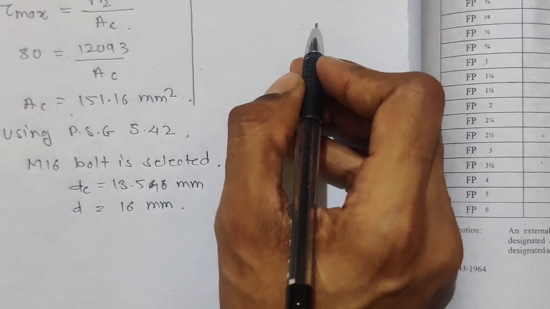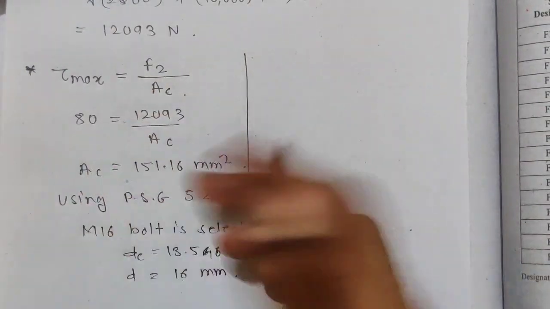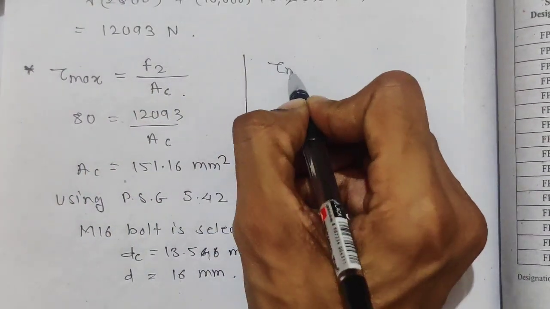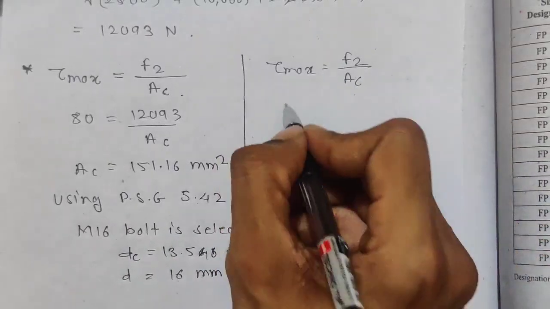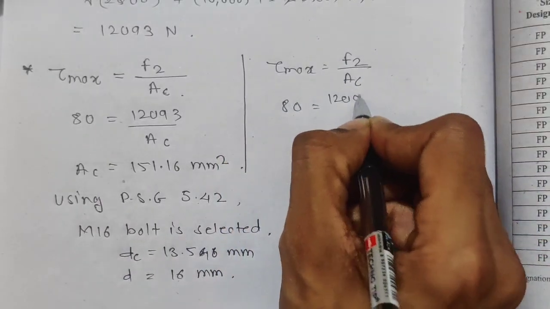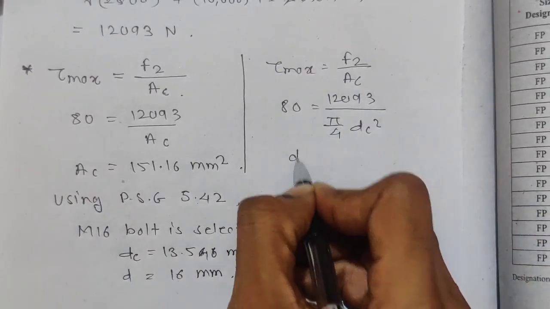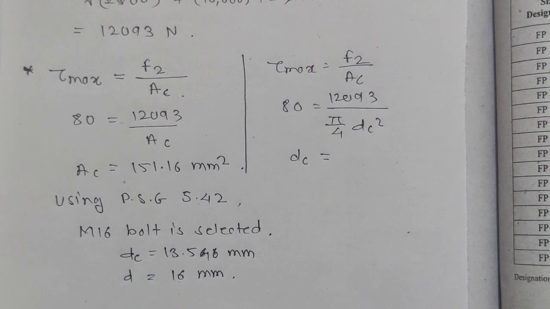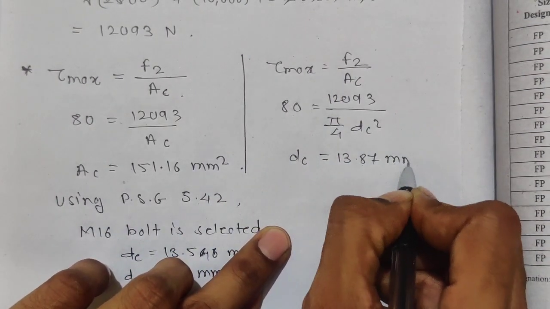So tau max is equal to F2 upon AC. Now here 80 is equal to 12093 upon pi by 4 DC square, and find DC. Okay, you will get DC as 13.87 mm.